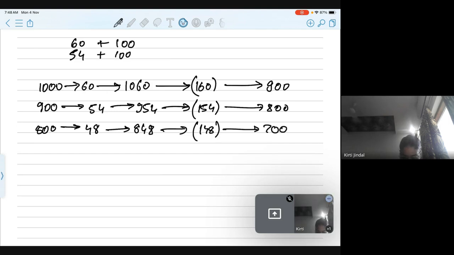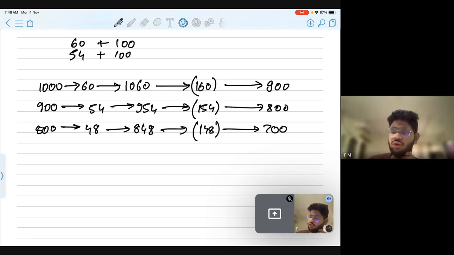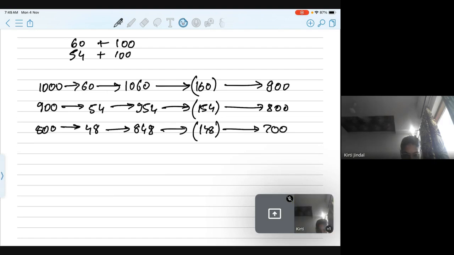Okay. So do you see a pattern? What is the pattern now? $1,000 is... okay.